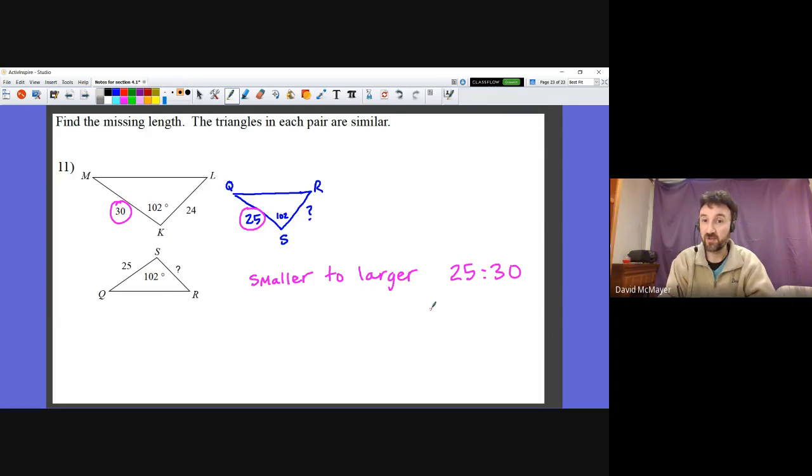Now both of those numbers are divisible by 5, so another way of writing this would be a 5 to 6 scale factor.